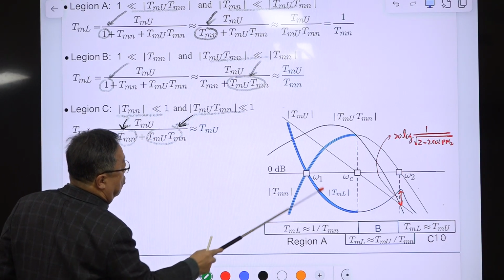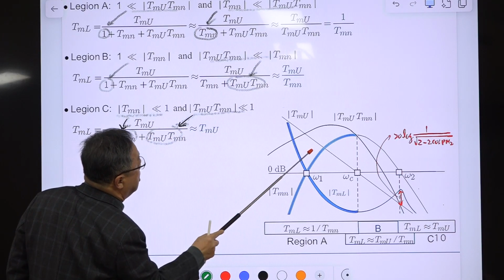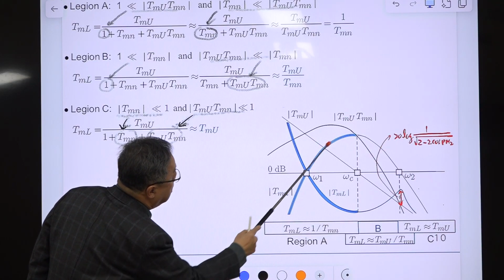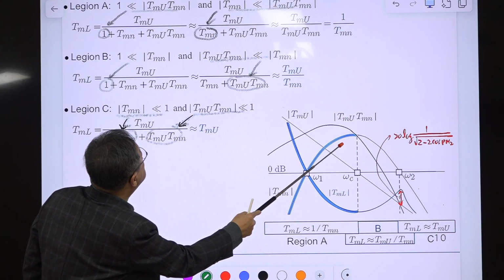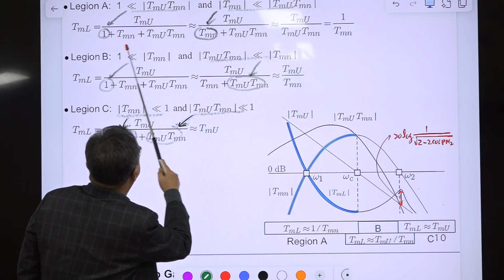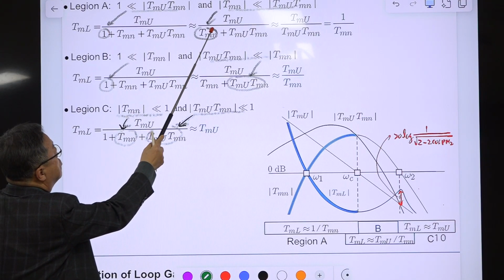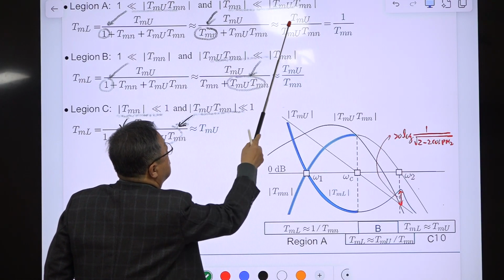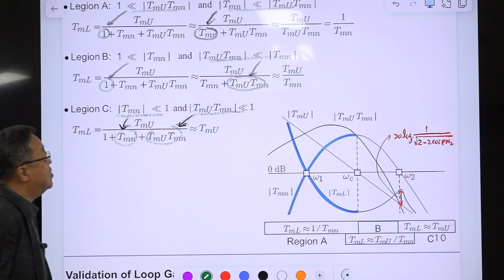Also in this frequency, TMU times TMN is larger than TMN, obviously. Then you drop this. You first drop 1. Second, you drop TMN. Then the remaining is this, and you cancel this. You have 1 over TMN.